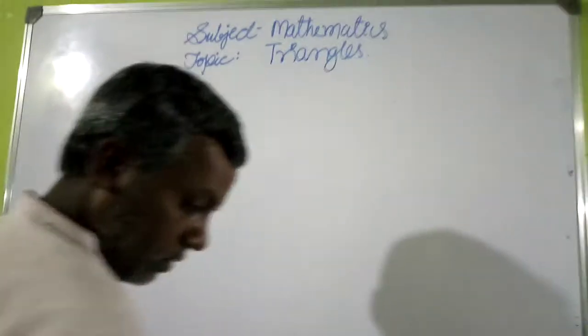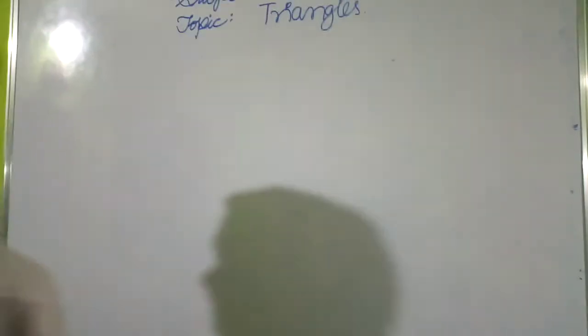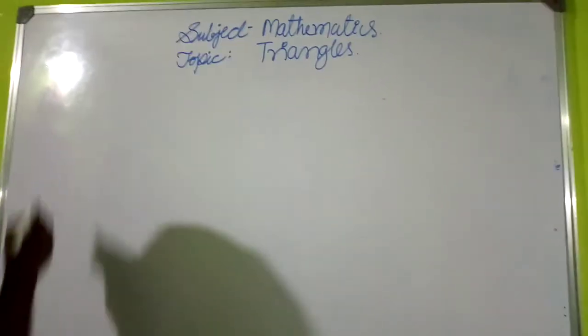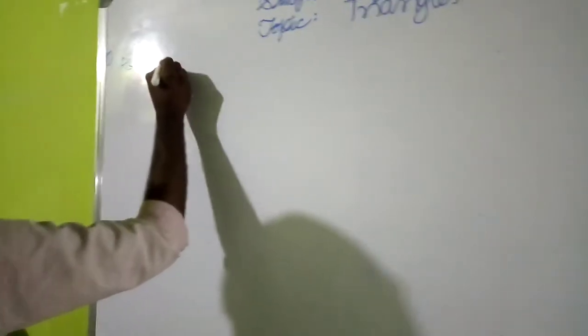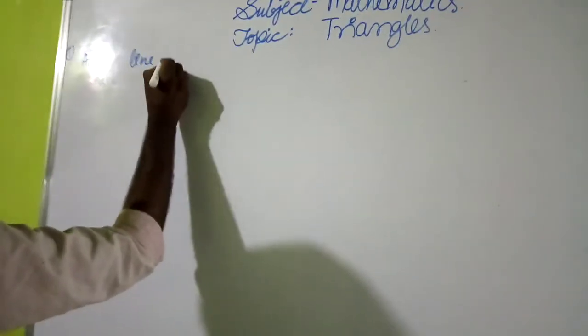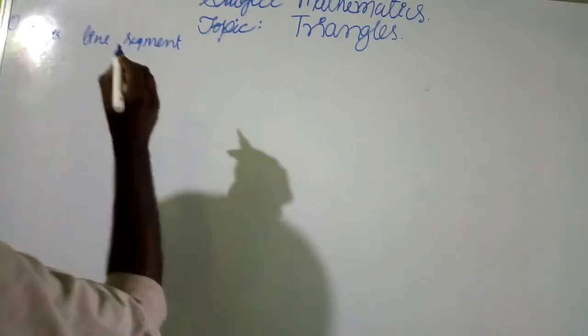Okay, here the problem is like this. AB is a line segment. AB is a line segment.